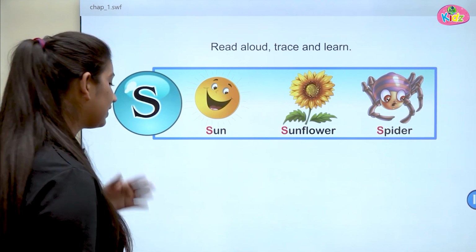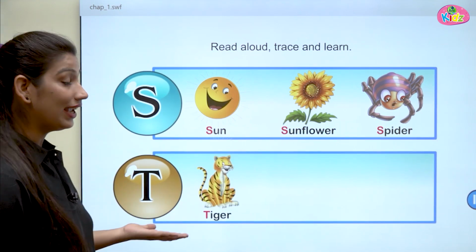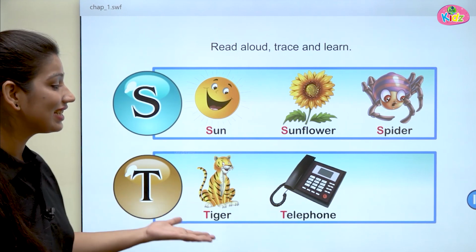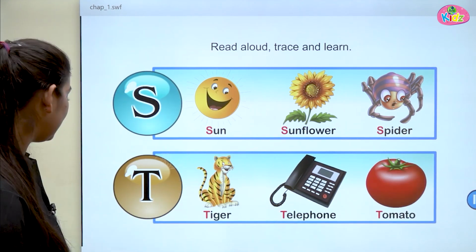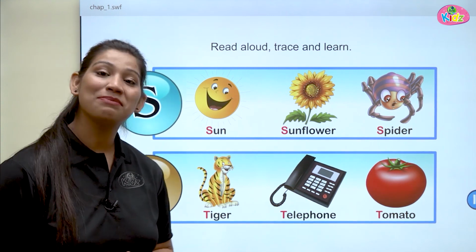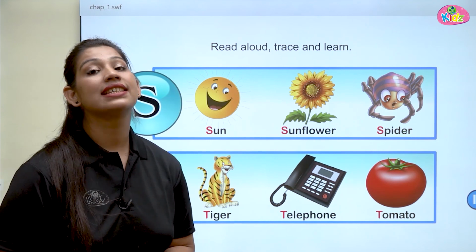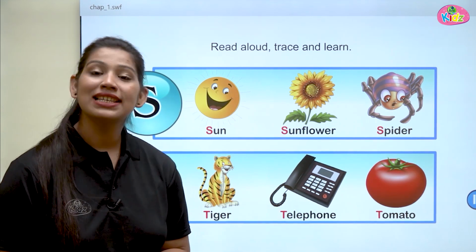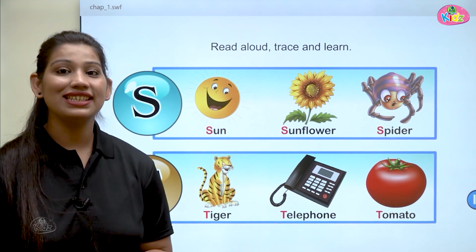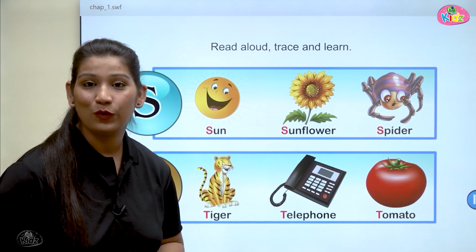This is letter T. T, tiger. T, telephone. T, tomato. This is letter T. T says T. T, tiger.